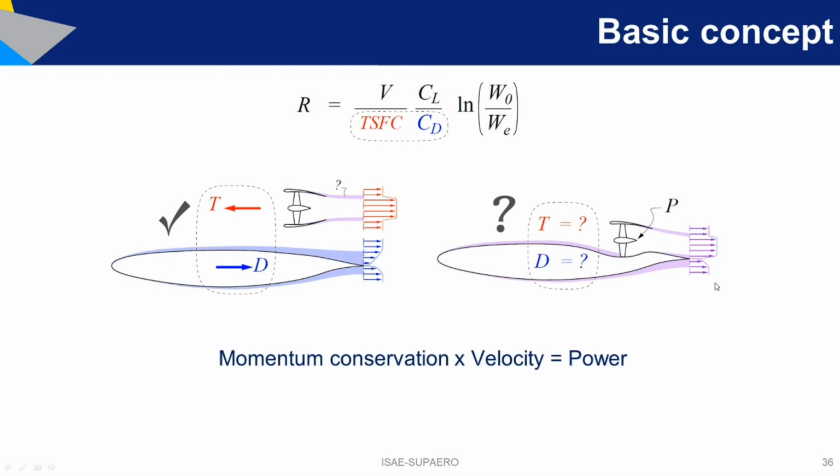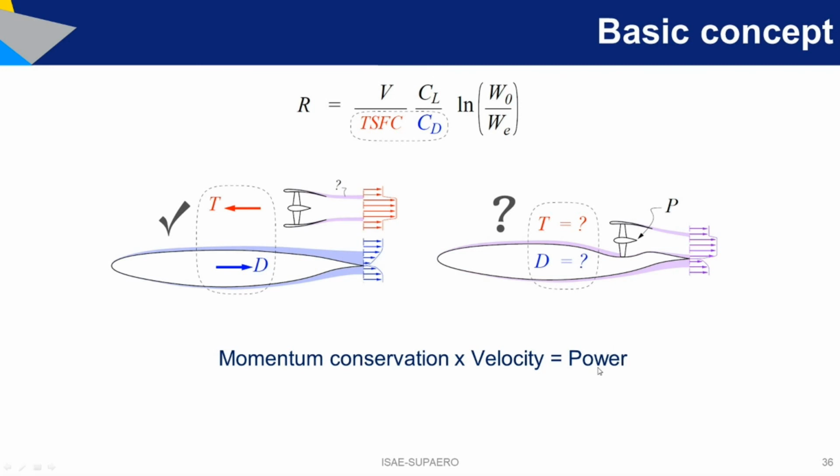Basically, this method allows us to overcome this ambiguity in the definition of thrust and drag by using the same momentum equation that is used by near field, far field, and lambda vector, but this time the momentum equation is multiplied by the local velocity in order to compute the local power.